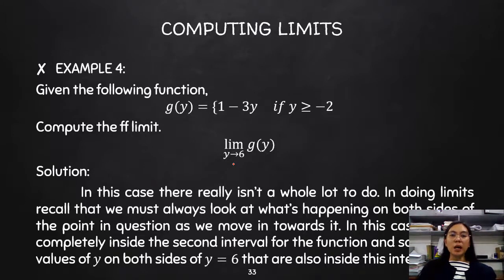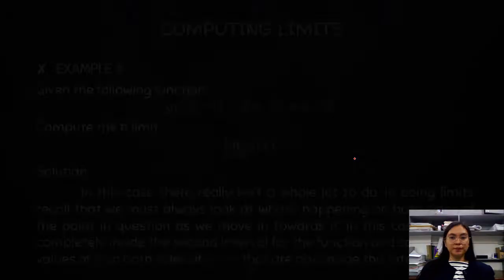So, ang ibig niyang sabihin, if y is equal to 6, di ba parang nagko-coincide naman siya doon sa ating condition na dapat yung y mo is greater than or equal to negative 2. So, since kino-conform niya naman itong condition na to, we could just simply plug in your 6 into the equation.